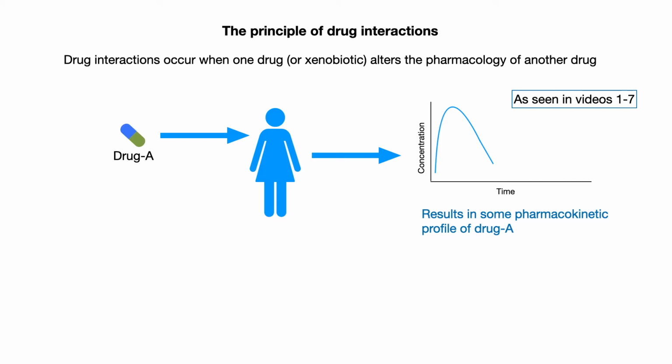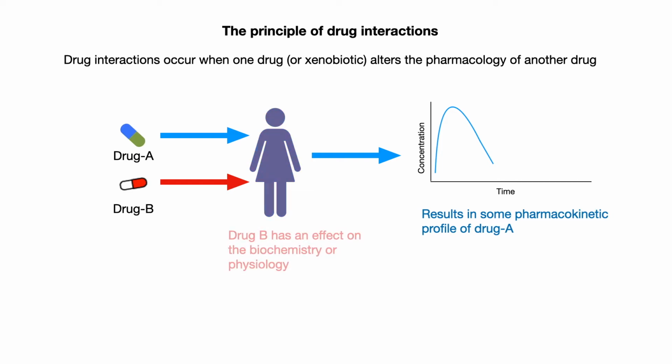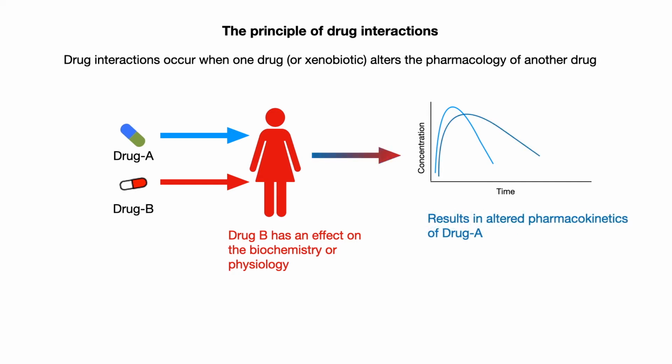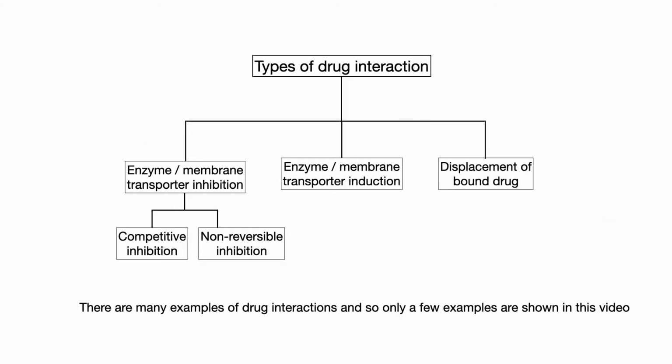We took the time versus drug concentration curves and calculated various pharmacokinetic parameters from that profile. Let's take a slightly different situation where this person takes drug A, but also takes drug B at the same time. Drug B has some effect on the biochemistry or physiology of this person that results in an altered pharmacokinetics of drug A. So that's it as a general principle, but there are different types of drug interaction that are represented on this slide.